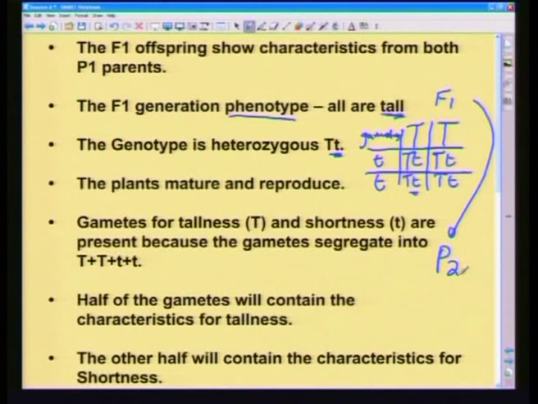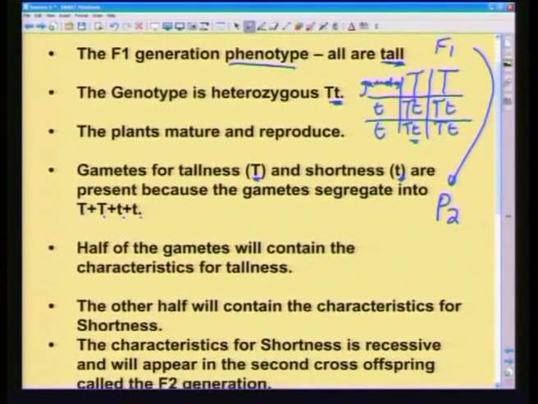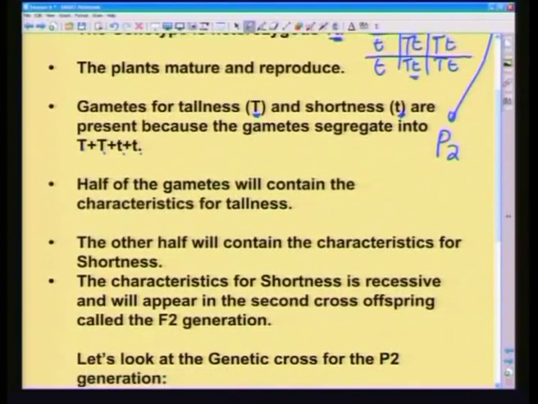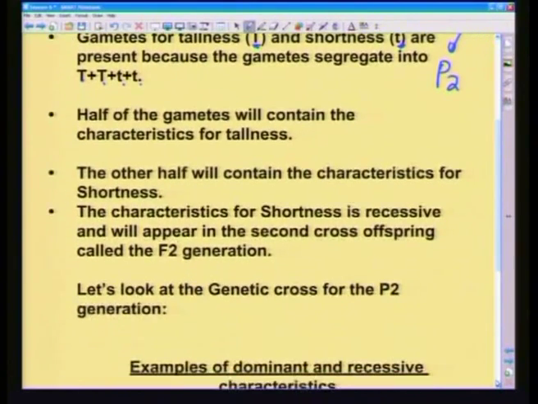The gametes segregate into tall, tall, and short, short. So half the gametes will contain the characteristic for tallness, and the other half will contain the characteristic for shortness.